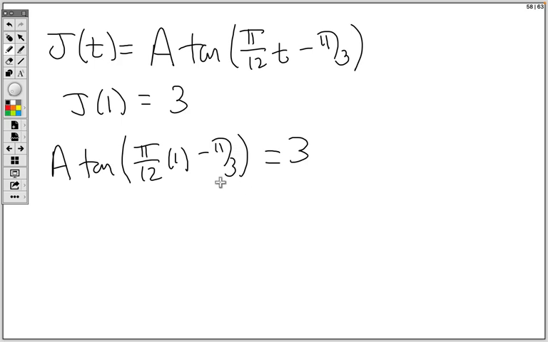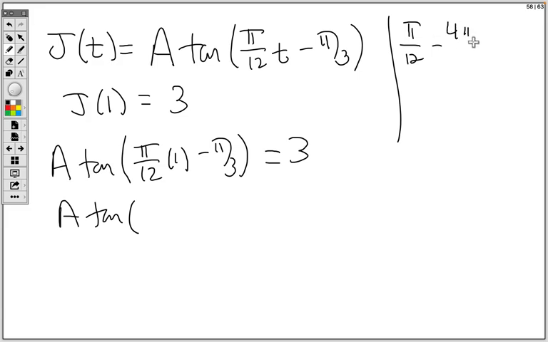That should give us 3. Going through the arithmetic, pi over 12 minus pi over 3, we get a common denominator. That's 4 pi's over 12. That's going to give me minus 3 pi's over 12, aka minus pi over 4, which is good because that's one of the standard quarter marks in the fundamental period for tangent.